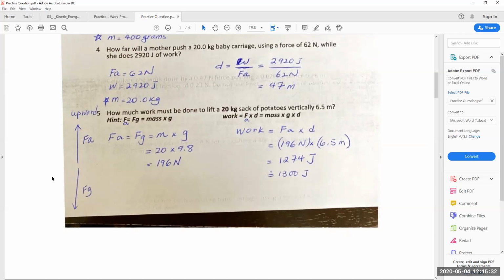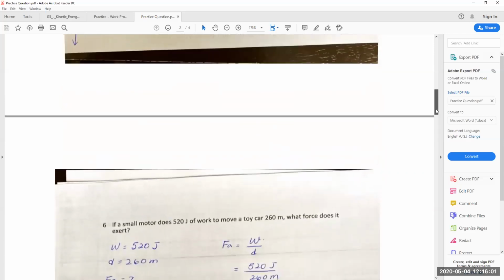So it's very important that you know when you're moving something vertically, your applied force has to be equal to the force of gravity. And that's why they don't give you the applied force, but they simply give you the mass in here. And once you have the mass, you can calculate the force of gravity and use that as your applied force to calculate work.